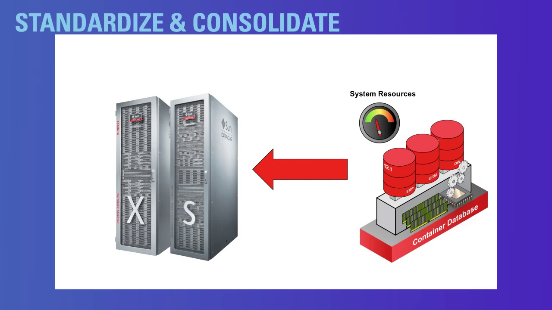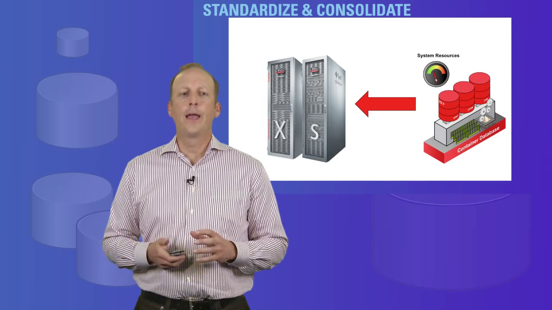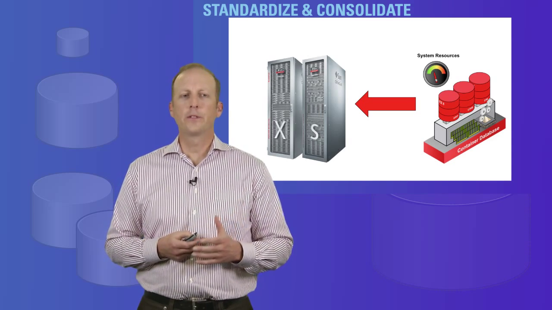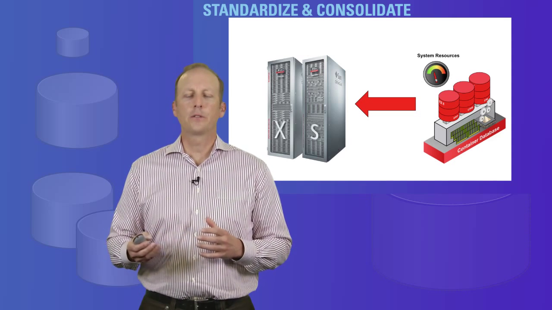So now a 1-2 combination of taking this huge performance gain of system resources and applying that to these engineered systems, whether it's Exadata or SuperClusters in this picture, now you're getting the best of both worlds.